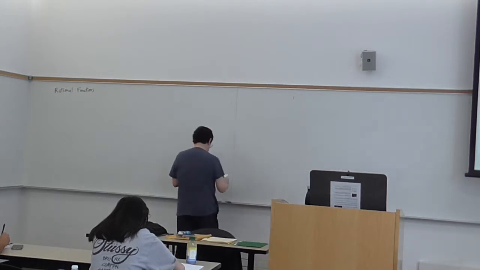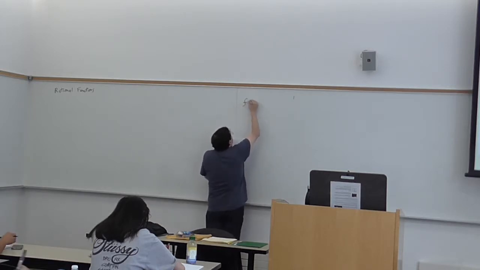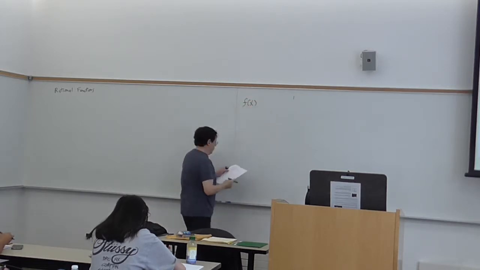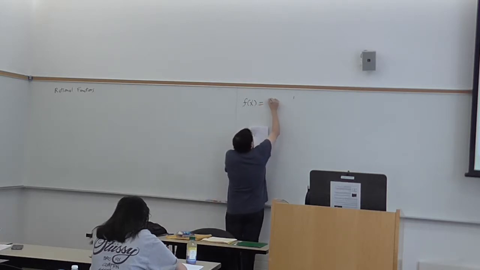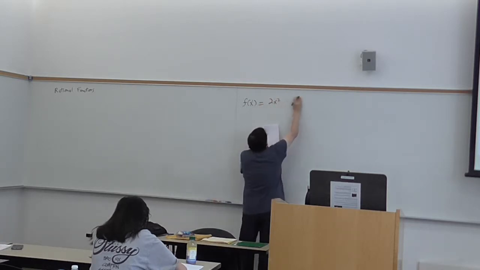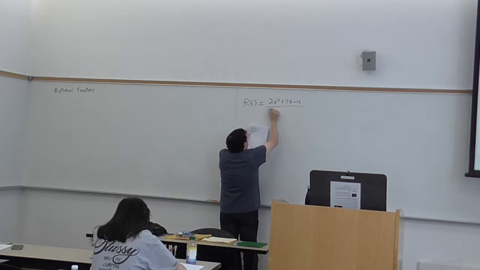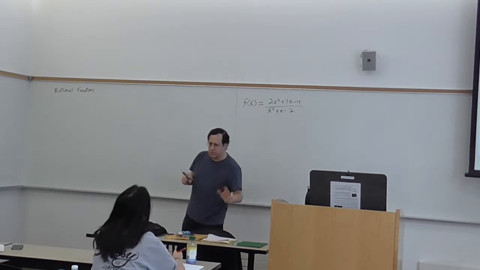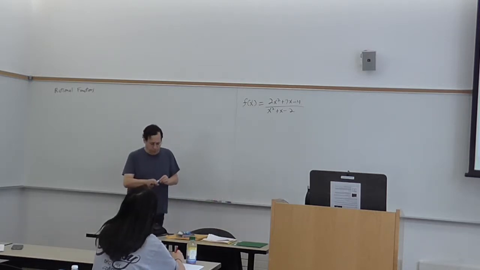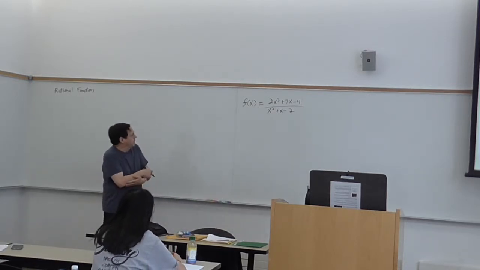So the function we're going to graph, and we're going to look at its features, is f of x equals 2x squared plus 7x minus 4 over x squared plus x minus 2. And let's do this in an organized way. Let's first try and gather all the data we can about this function.